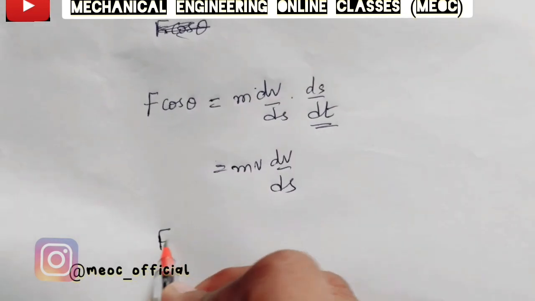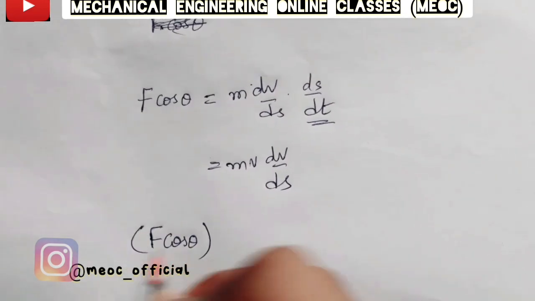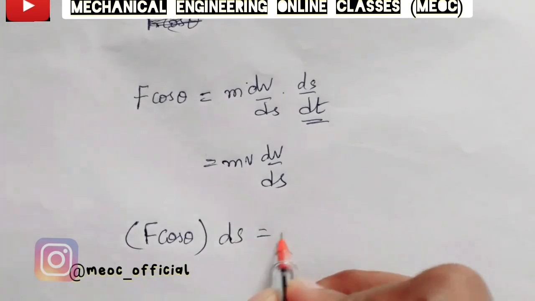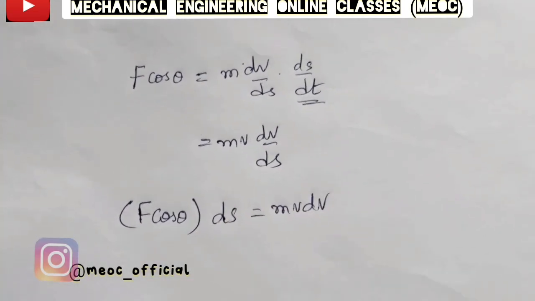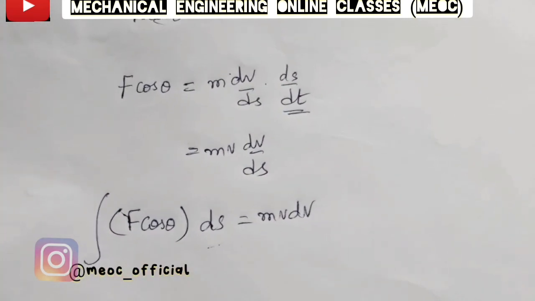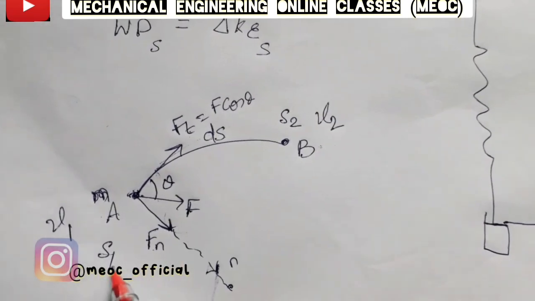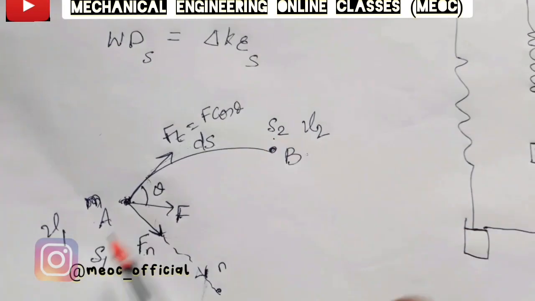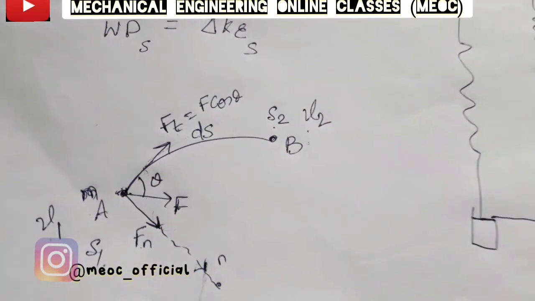So it can be written as F cos theta ds is equal to m v dV, where S is varying from S1 to S2 and V is varying from V1 to V2.